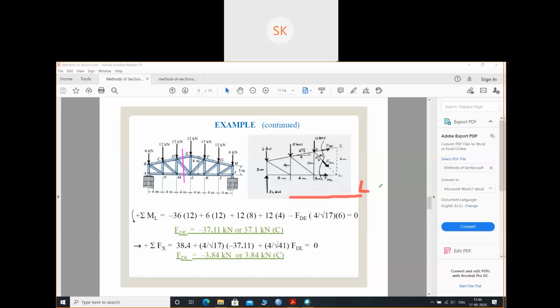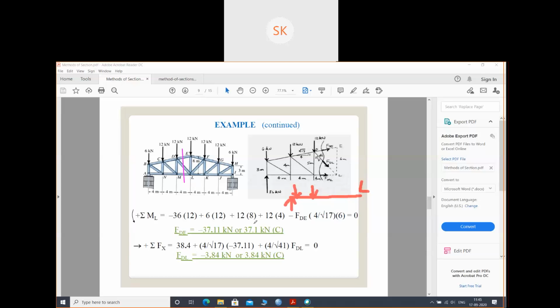So all the moments about L should be zero. One force is 36 kilonewton, which is at a distance of 4 plus 4 plus 4, that means 12. And it is anti-clockwise. That's why 36 into 12, anti-clockwise, that's why minus.